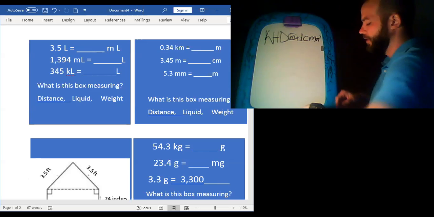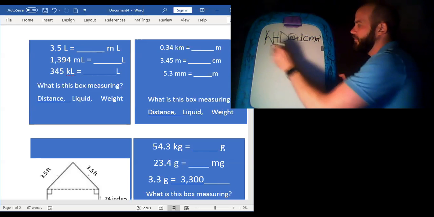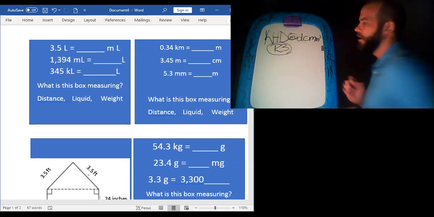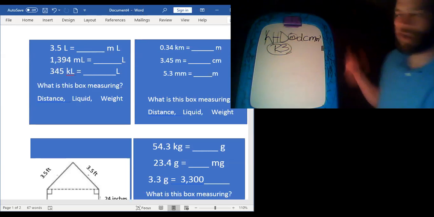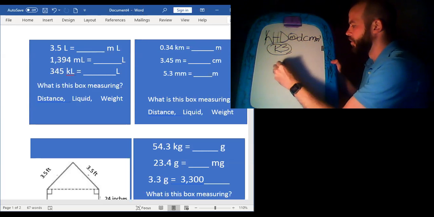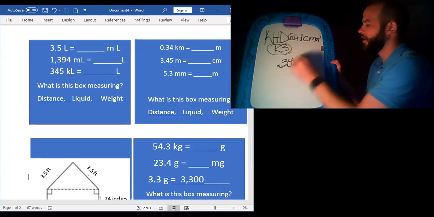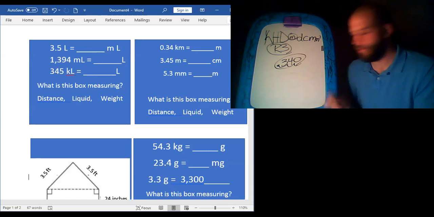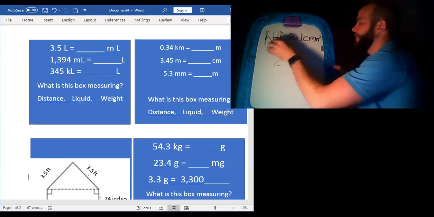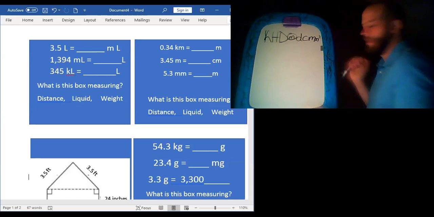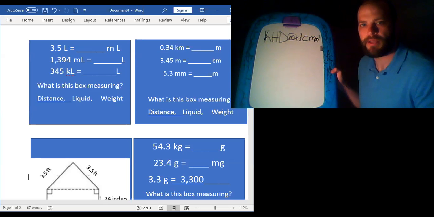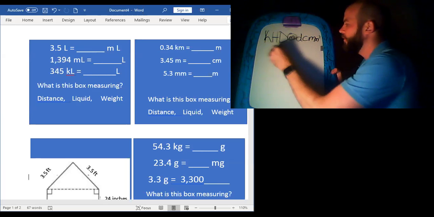So we're going to go right 3. Because from there to there is right 3. So let's write our 0.34, going right 3 turns it into 340.